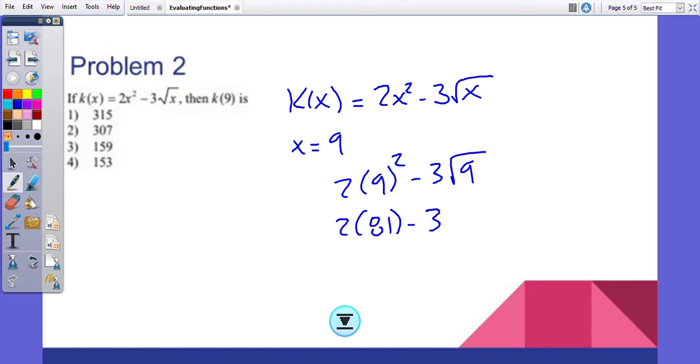You can use a calculator, or you can say that the square root of 9 is 3. Then 2 times 81 gives us 162 minus 9, and you're going to get 153. So we circle answer 4.